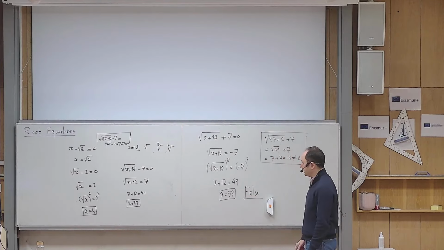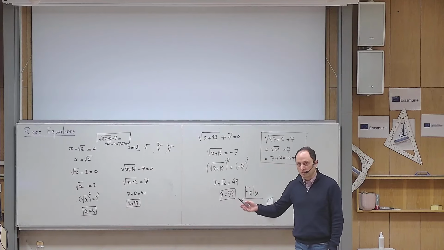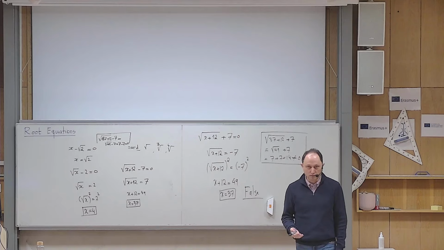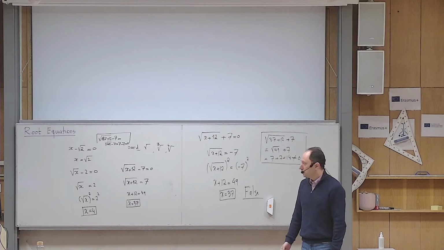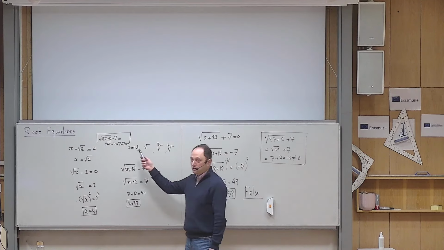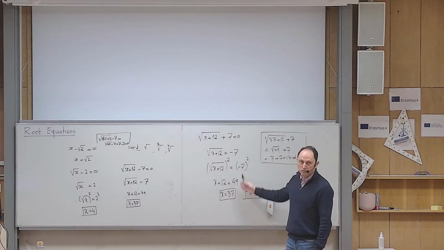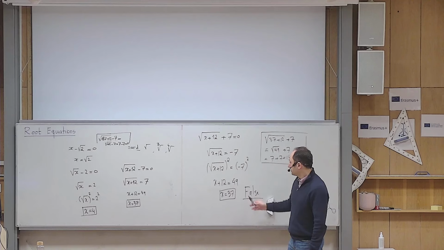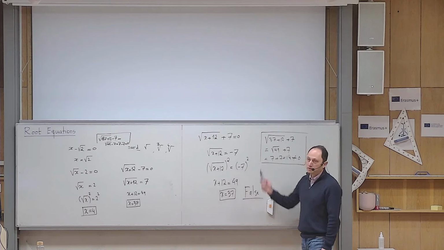So that's what I'm saying. In the previous problems, if we do not miscalculate or miscompute, the answer that we get is always true. But in root equations, even if we don't miscompute anything, which I didn't here, the answer that you might get is not probably the answer to this equation.